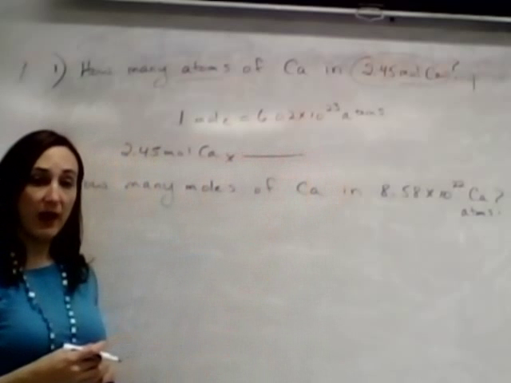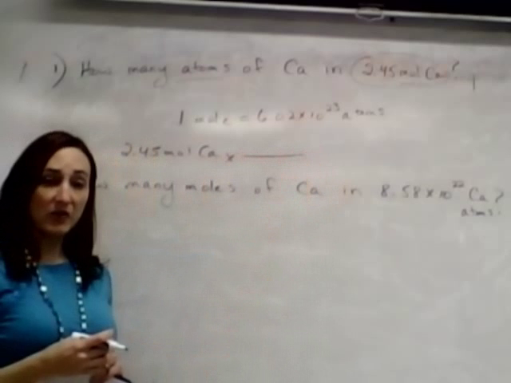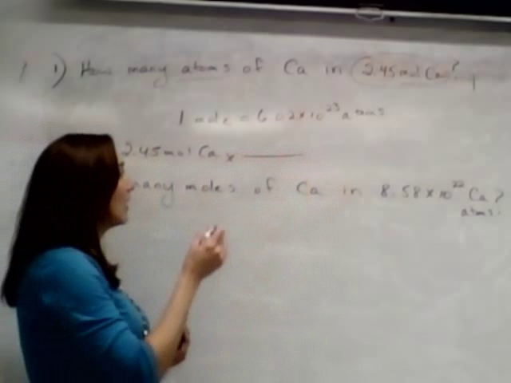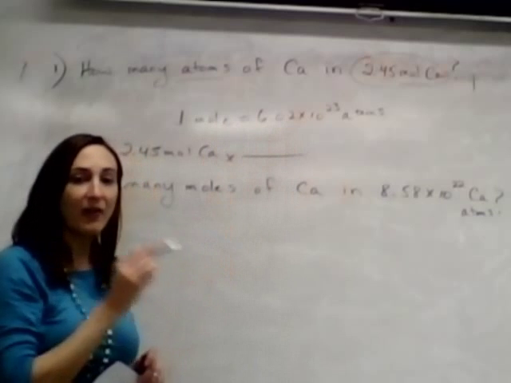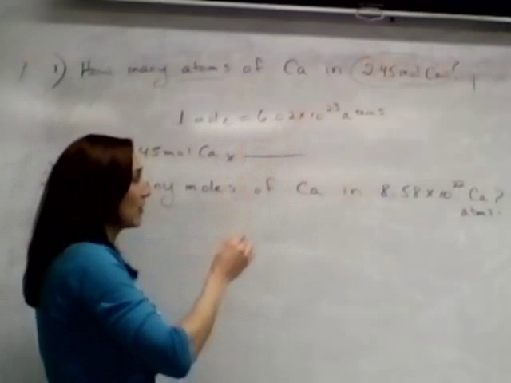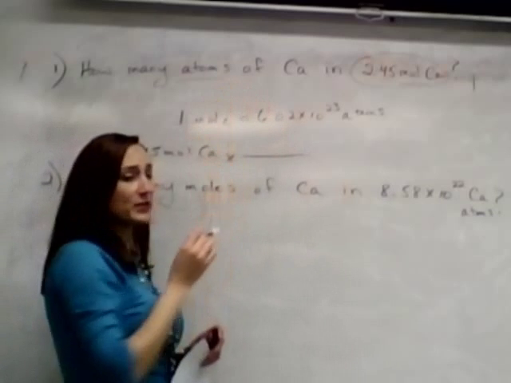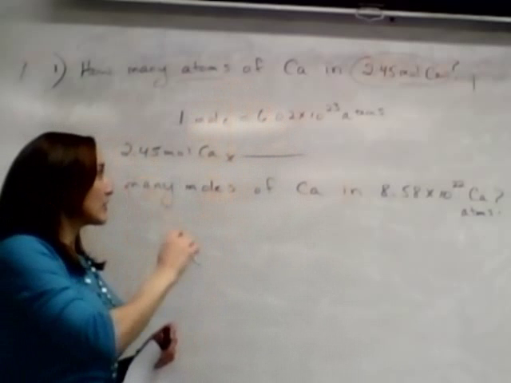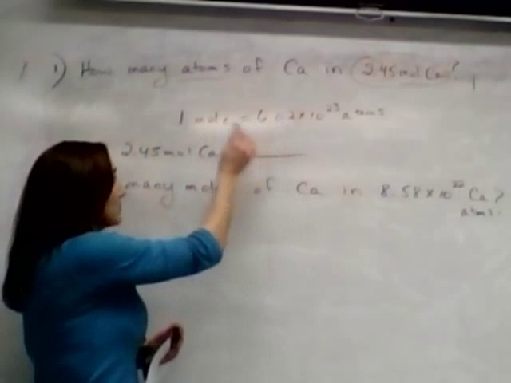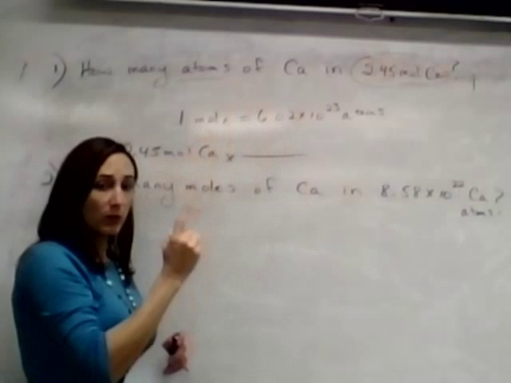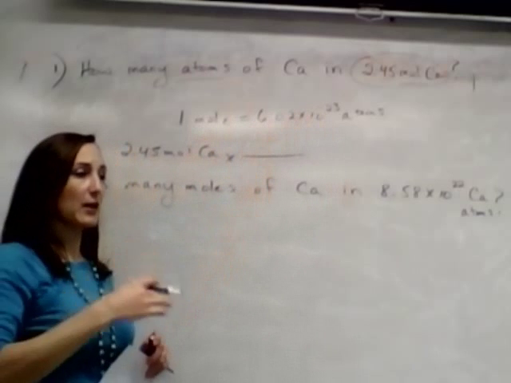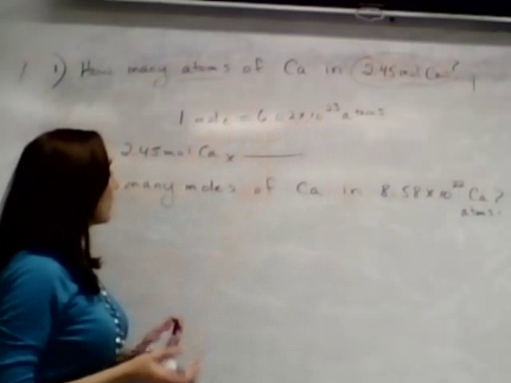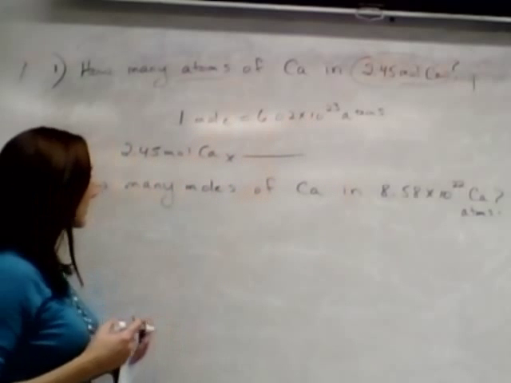Remember, a conversion factor is a fraction that contains two numbers that are equal to each other. So when I write down this relationship, I've got the numbers that I want to put in here. The mole definition gives us the relationship between moles and atoms. For 1 mole, there's always this number of atoms, or for 1 mole, there's that number of molecules, etc. Then I just need to think about how to set this up.